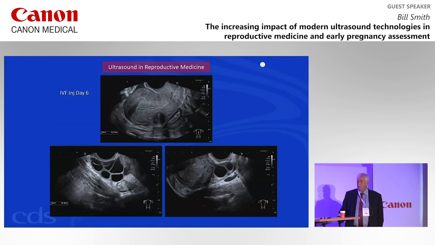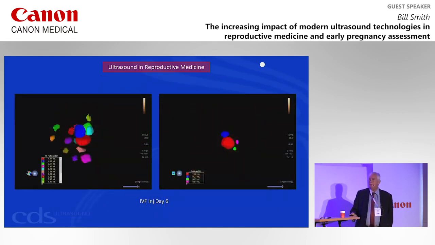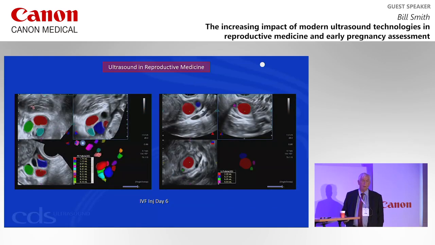So here's an IVF patient, endometrium developing there. Here are the follicles. And we can do fancy things. We can look at follicles. We can measure the size. We can put our color in there. But the thing is, we don't know which are the good follicles.